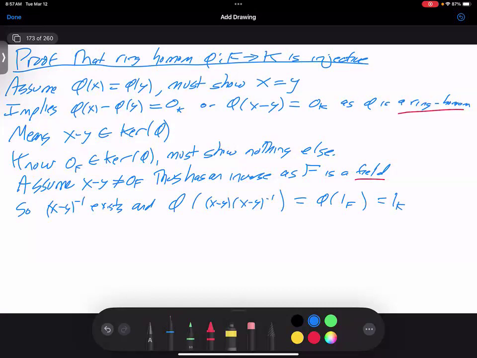But what do we know about phi of a product? Product of the phis. So as phi is a ring homomorphism, that gives us phi of x minus y times phi of x minus y inverse equals 1.